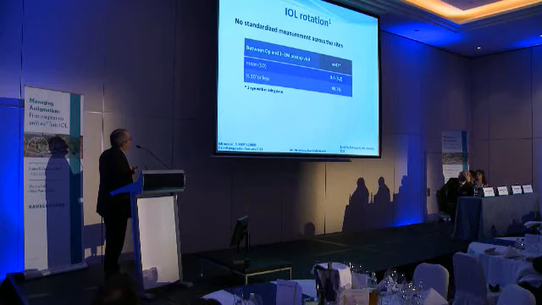And the IOL rotation between the operative and the 2-month post-op visit, the mean rotation was 3.6 degrees. This is a very low value, because you know how difficult it is to standardize the method of measuring the alignment of the lens during the surgery and after the surgery.